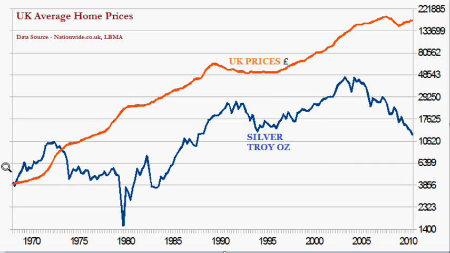When the data started, at least I have the silver data priced in pounds going back to 1968, it was very, very close to having the same price in here. And since then, you can see how in pounds it's been consistently going higher.